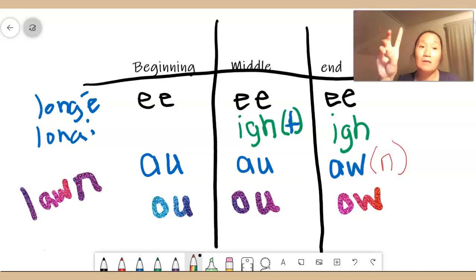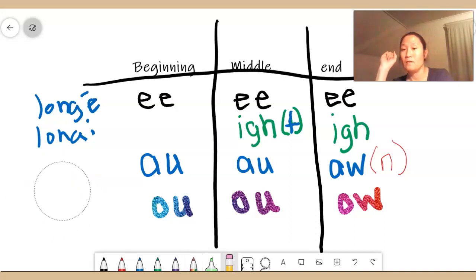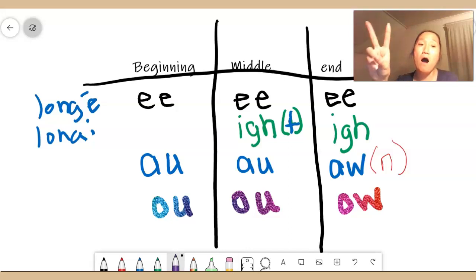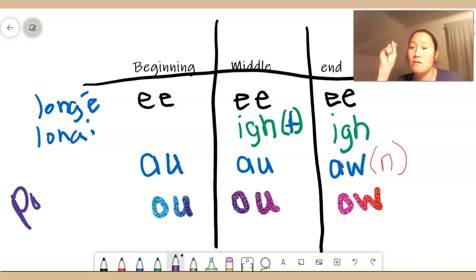Three sounds, 4 letters, but aw is 1 sound. Lawn. Okay. If we did per, aw, so we know that that's going to be an AW.